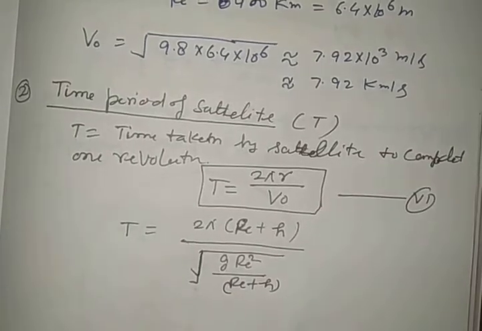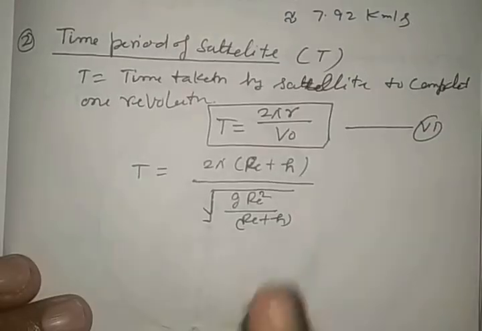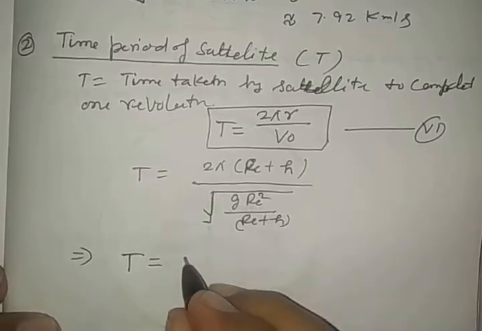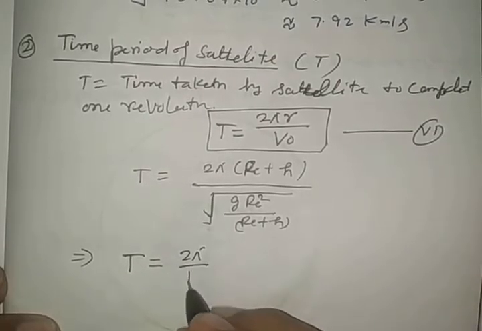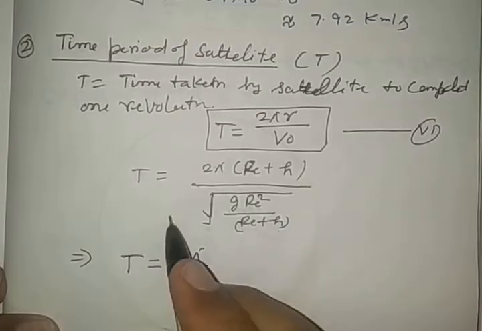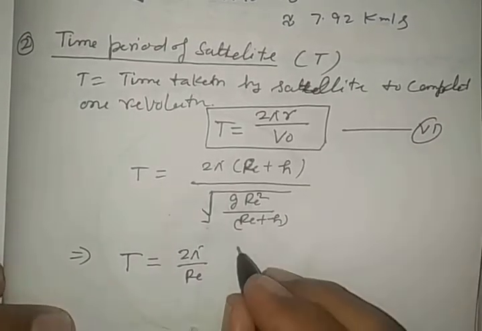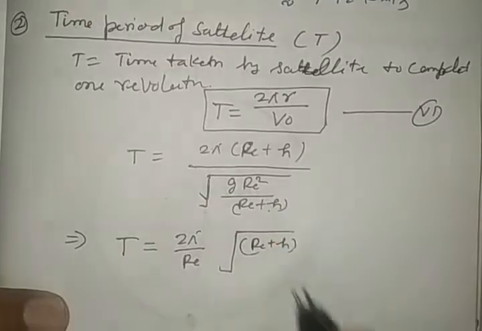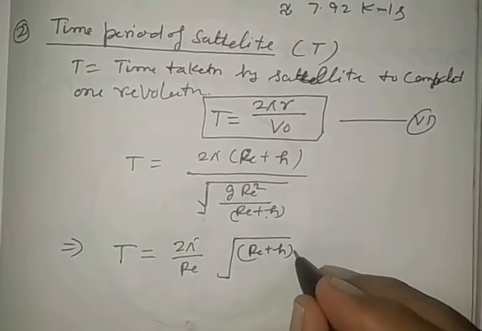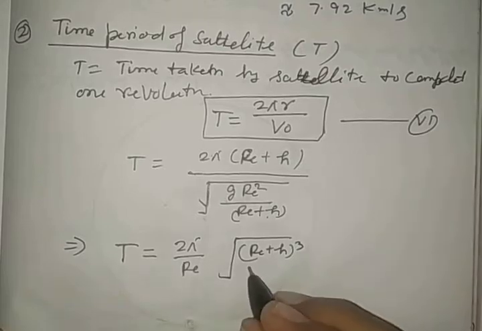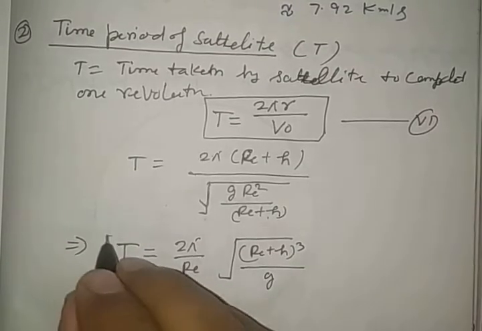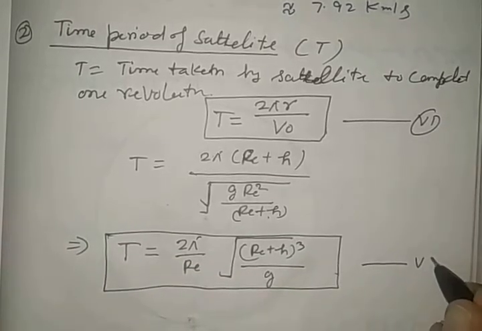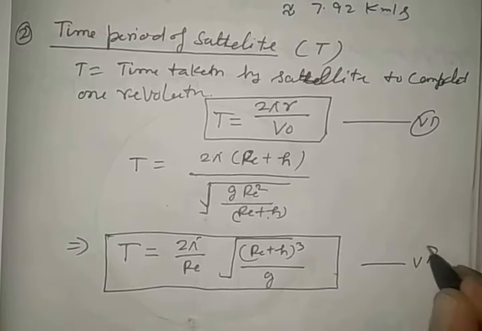By calculating, this implies that the time period is equal to 2 pi by RE, taken out, times under root of RE plus H, whole power 3 by G. The time period of a satellite can be obtained by this formula, and it is represented by equation number 7.